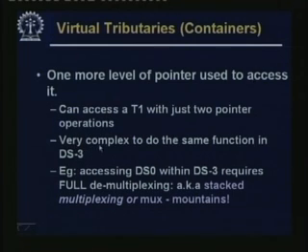All this flexibility was not there earlier. It is very complex to do the same function in DS3. For example, accessing DS0 within DS3 requires full demultiplexing, stack multiplexing, etc. That is not required in SONET.